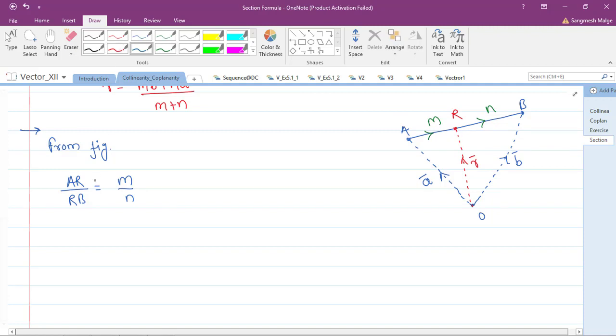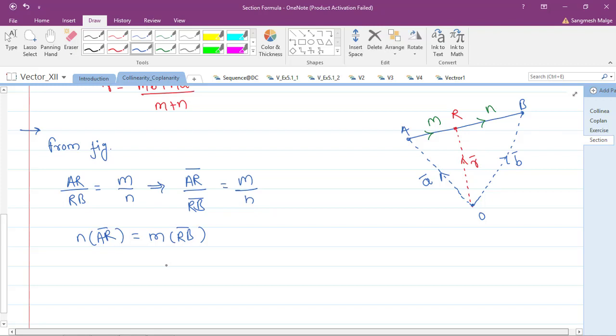So in the vector notation, AR bar upon RB bar is equal to m by n. As the direction is the same, we have only the magnitude, so make a cross multiplication, so you will have n AR bar equals m RB bar.